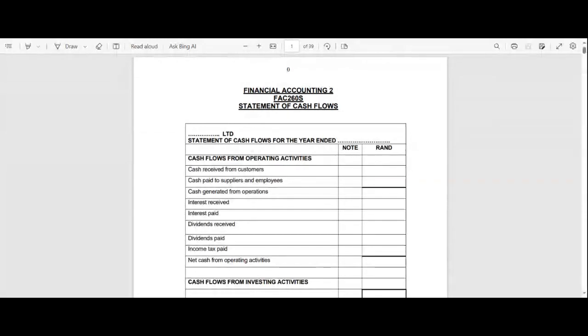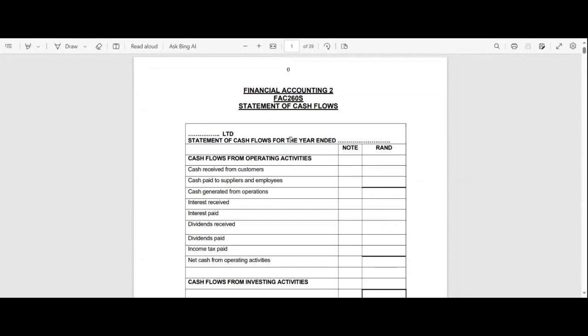I know IAS 7 is probably the least prescriptive of all standards, but still, there are certain protocols that we've got to follow. The normal protocol of identification: the name of the business, the name of the company. We identify the particular statement, in this case the statement of cash flows.